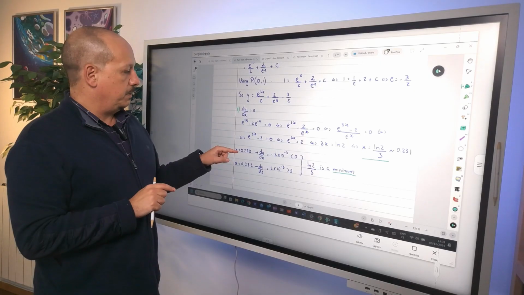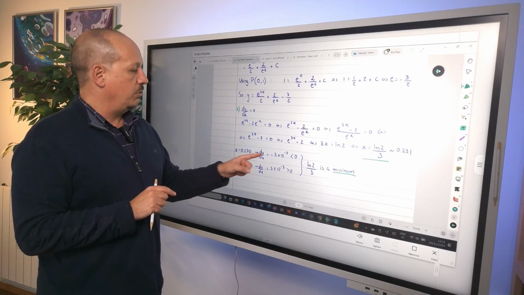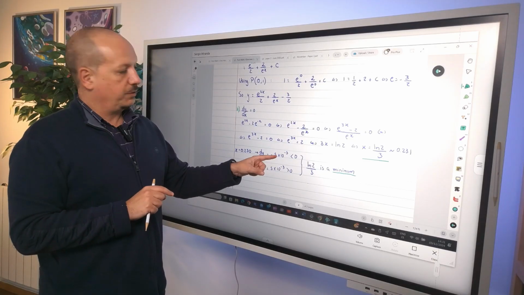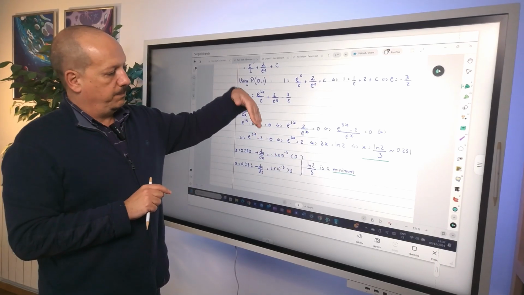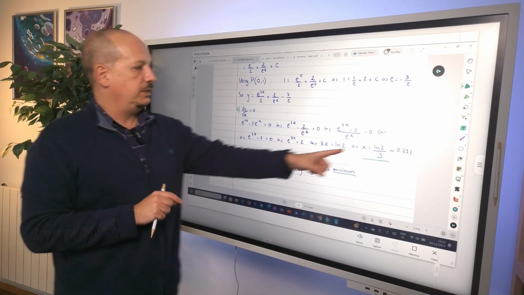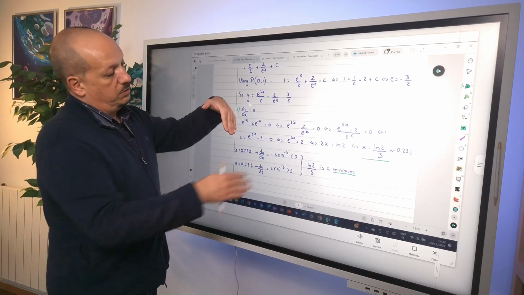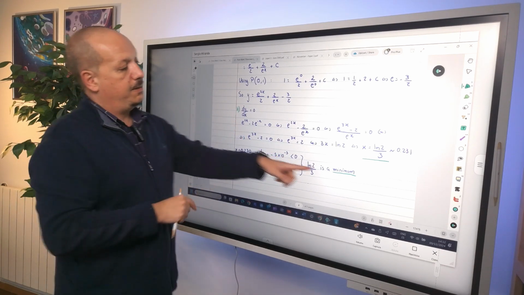A little bit to the left of the point, so 0.230, you're going to have a negative gradient, so the function is going down, and a little bit after that value, the gradient is going to be positive. So this is going to be a minimum.